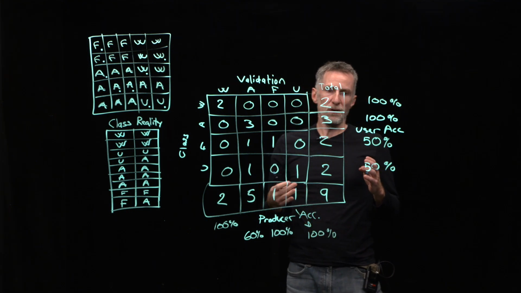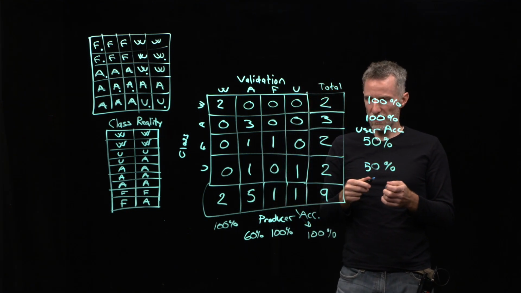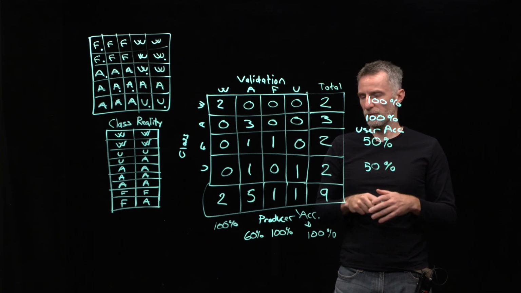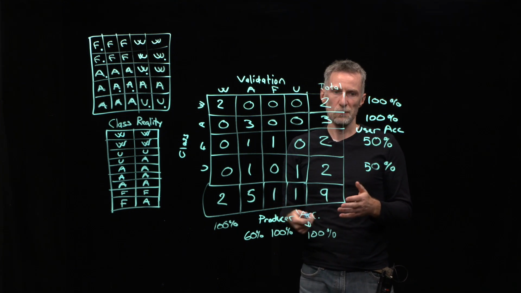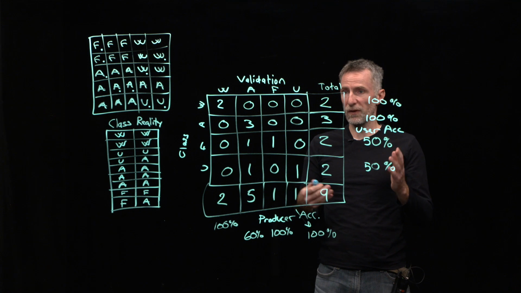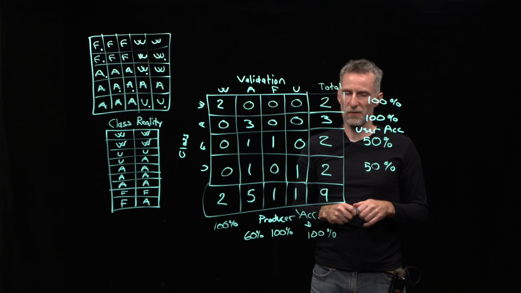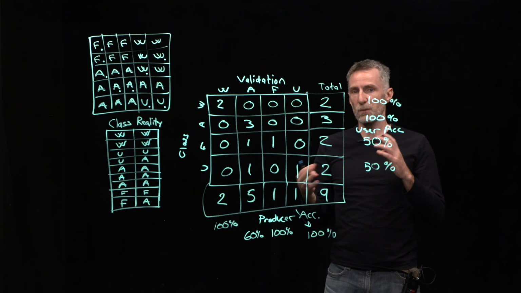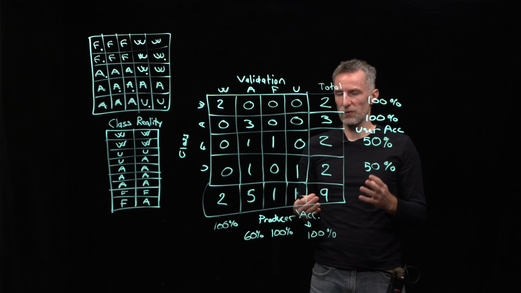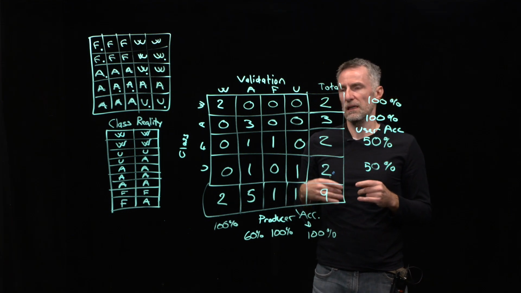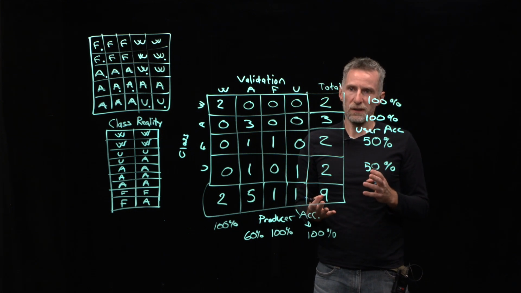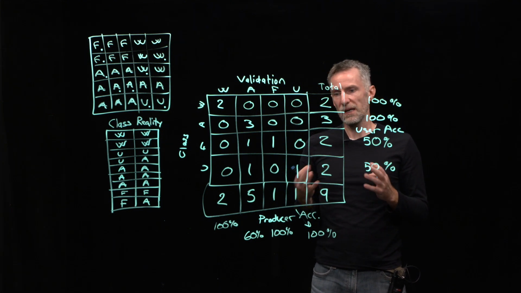If we compare the user and producer accuracies, we get an interesting pattern. We see that the producer accuracies are generally higher, but that they're very variable. The urban area had 50% user accuracy and 100% producer accuracy. If you see a big gap between the user and producer accuracies for a given class, you should be slightly worried. That tells you that there's a bias in your map.